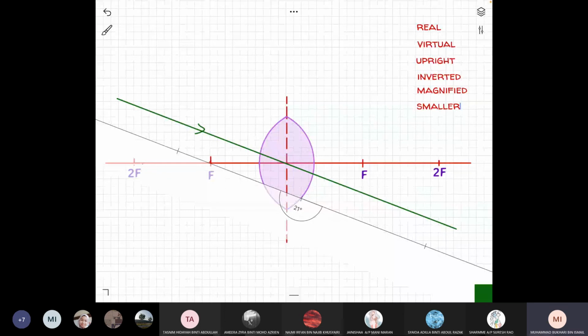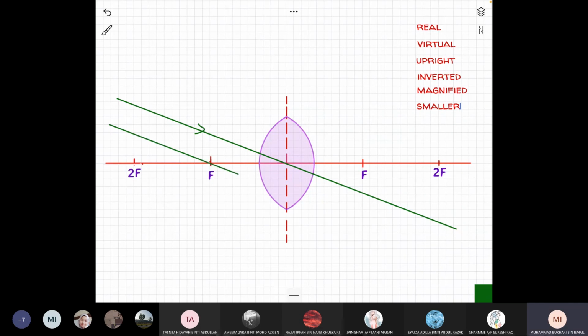And then it passes through the focal point. Draw another line to the focal point, and then draw the line to this line, the dotted line there. As I mentioned earlier, the light will be refracted parallel to the principal axis.